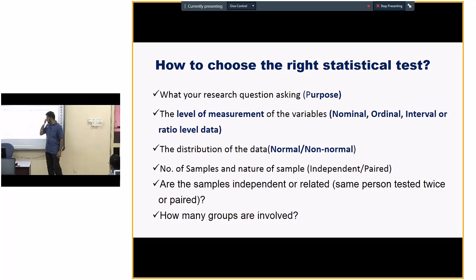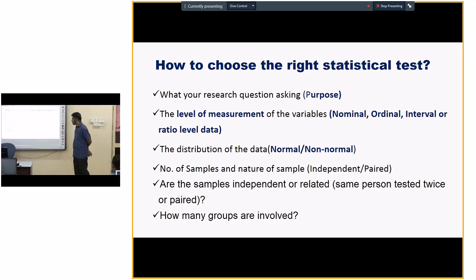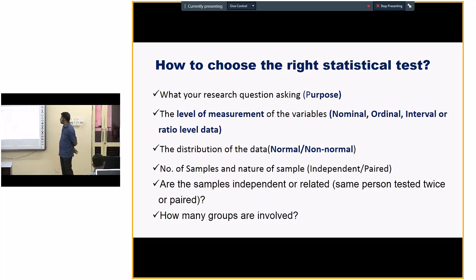Then the number of samples and the nature of the sample, right? Actually, this fourth and fifth are interrelated. Are the samples independent or related here? Independent or related, right? You can see 1, 2, 3. This should be 4 and 5. Then how many groups?